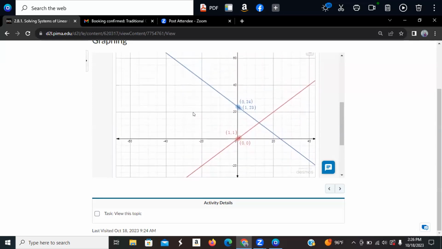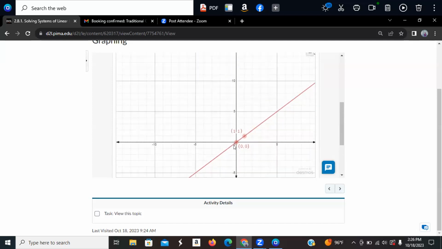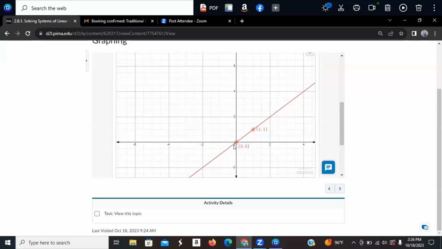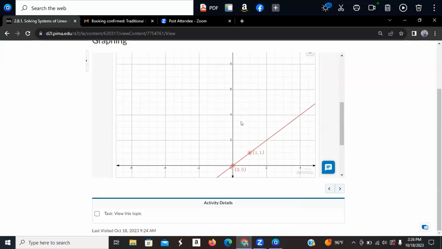Your second point doesn't look to be in the right place. The slope is 1/2, so it's up 1 and right 2. There it is. Okay.